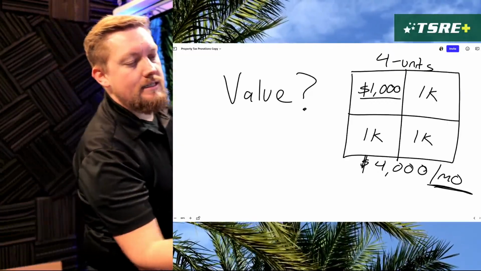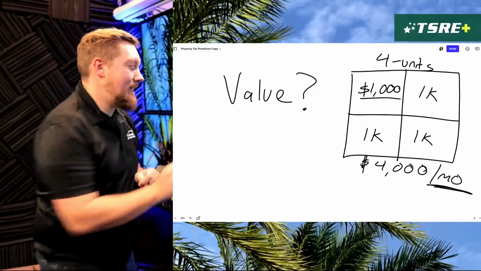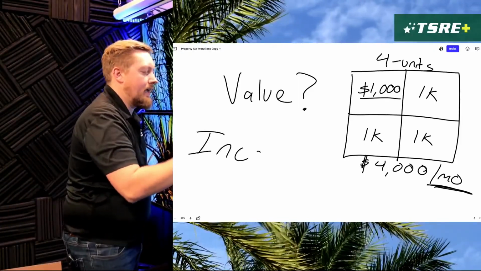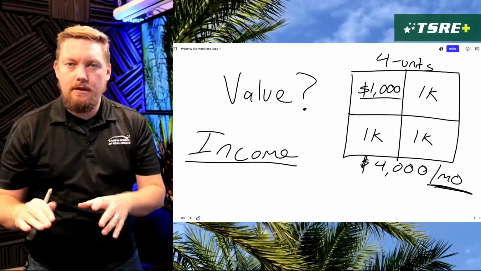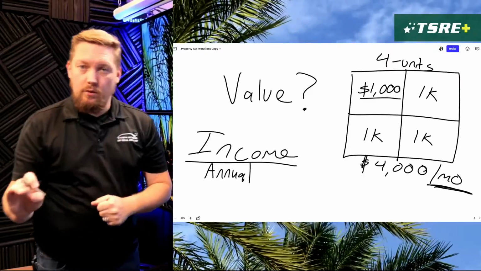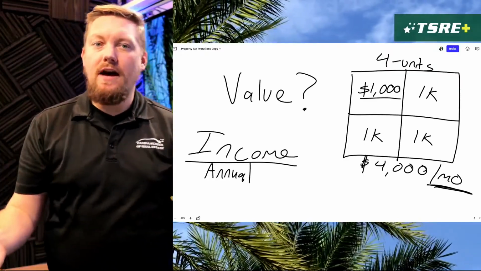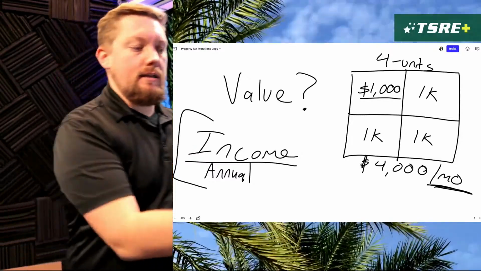And because this is a monthly number, we have to remember that. Income, on the other hand, is always assumed to be annual, unless it specifies otherwise. Income is an annual number, whereas rent is a monthly number.